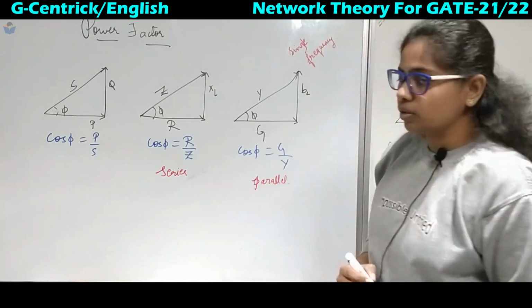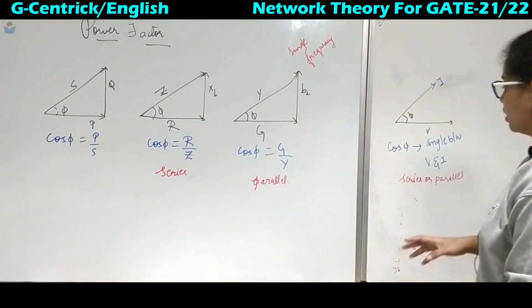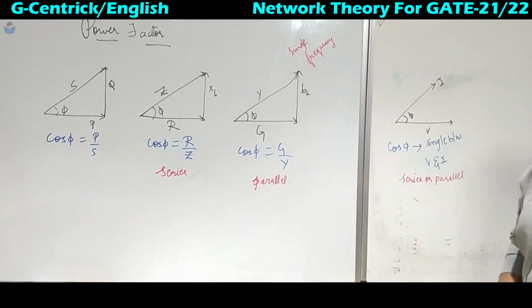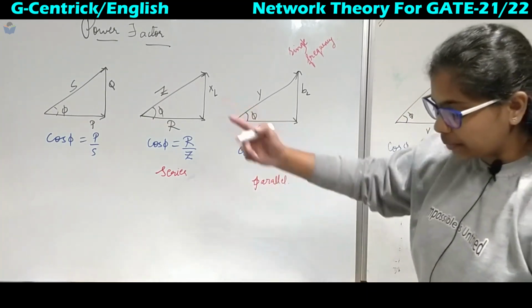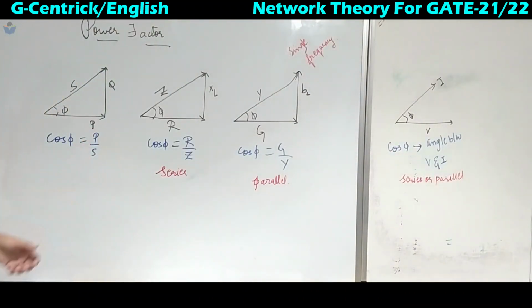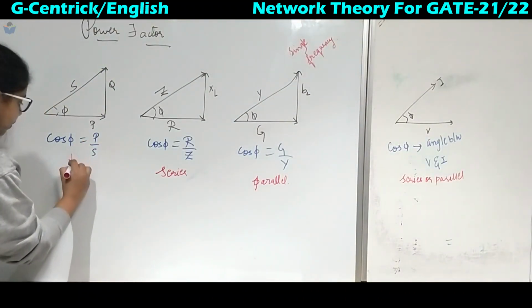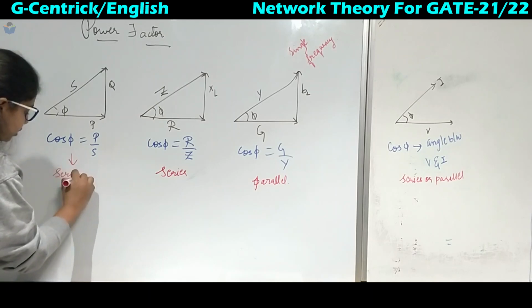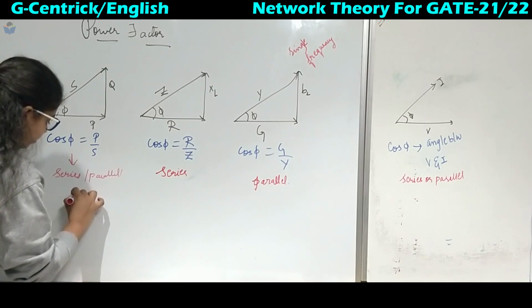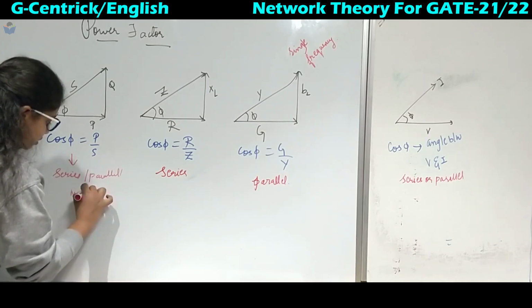Okay, if we have multiple frequencies, then we cannot apply these formulas for the calculation of the power factor. Coming to the power triangle, the definition is P upon S. This can be applied for series, parallel, or multiple frequencies.